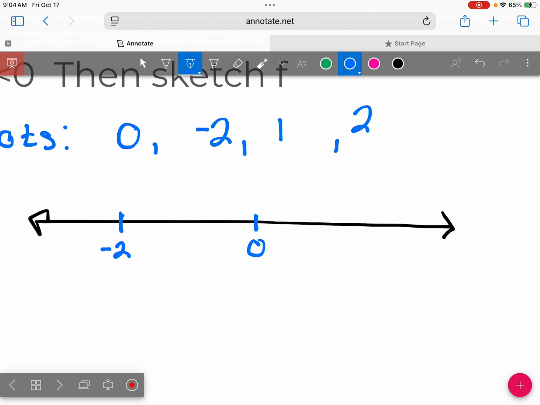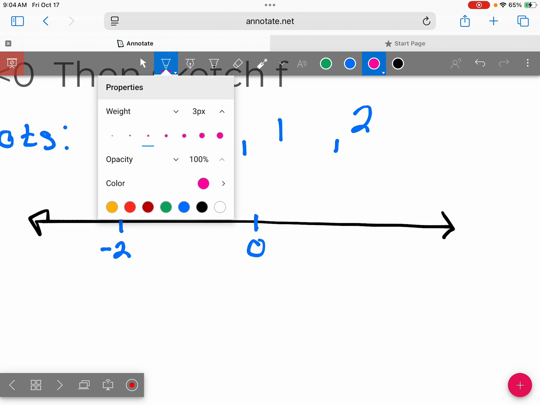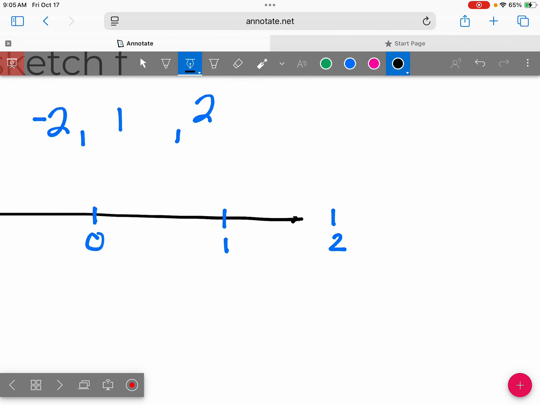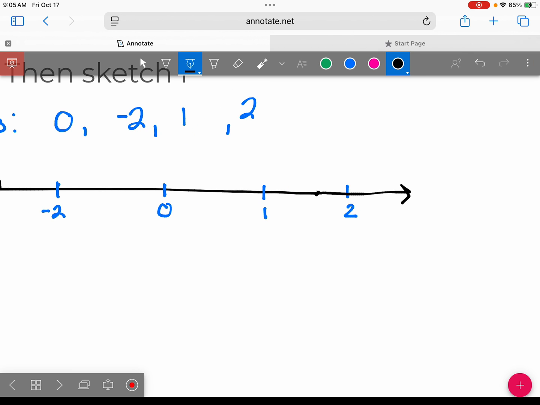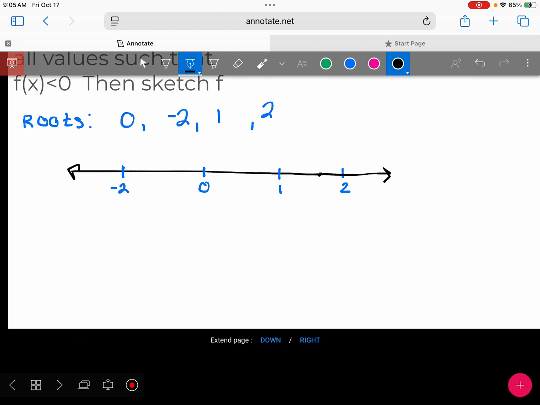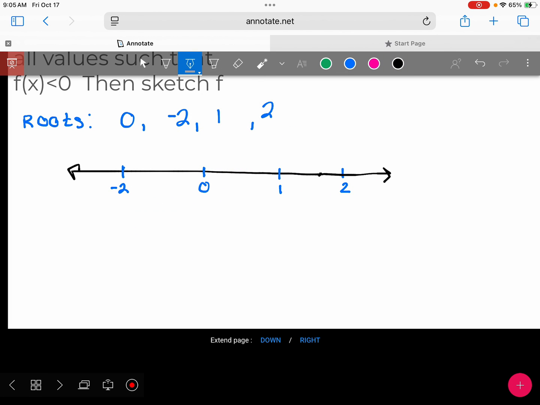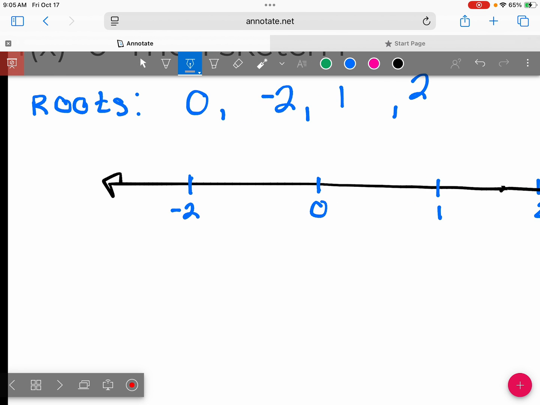I'm going to need my line to be a little bit longer. Okay, we have our 1 and 2. 1's going to be a double root, and 0 is going to be a double root, but that's actually going to be covered in what we do in the positivity table. So we expect to see that happen, but it's going to show us that.